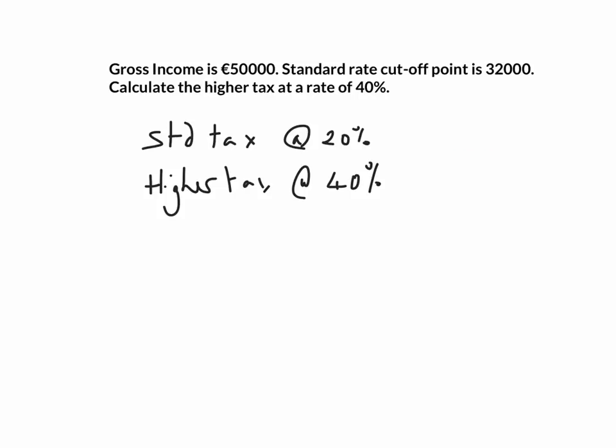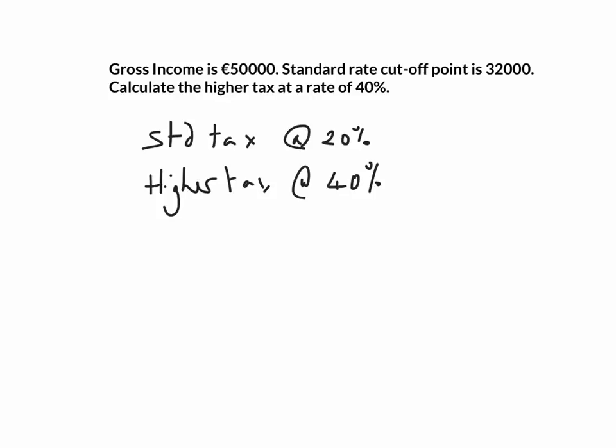Now in this question we don't have to worry about that. All I want you to be aware of is that you've already paid your standard rate tax on this amount. So all you have to do now is pay tax on the remainder. The remainder means the difference between this 32,000 and 50,000, which would be 18,000.